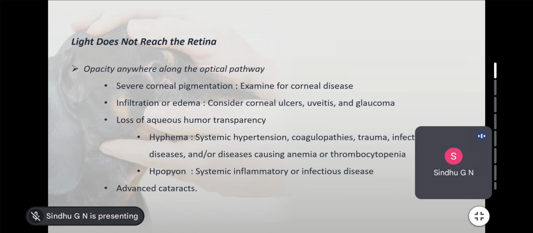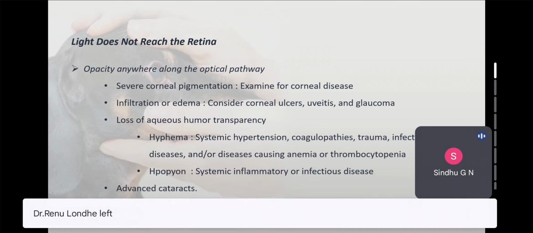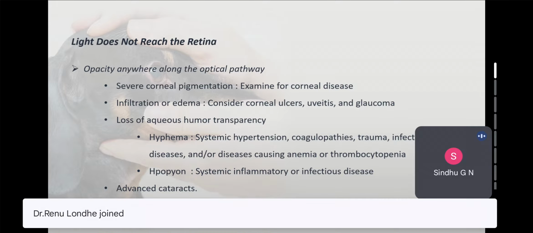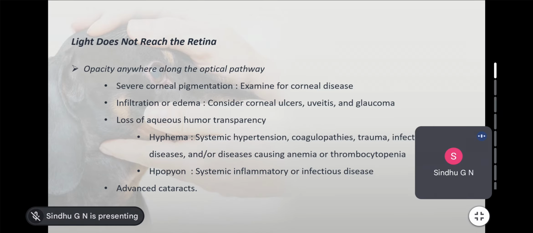It can be due to opacity anywhere along the optical pathway, like corneal pigmentation or corneal edema, then infiltration in the cornea, then aqueous humor transparency loss like hyphema or hypopyon, or lens opacity, meaning cataract. Any of these can cause an obstruction in the optical pathway of light, causing blindness.